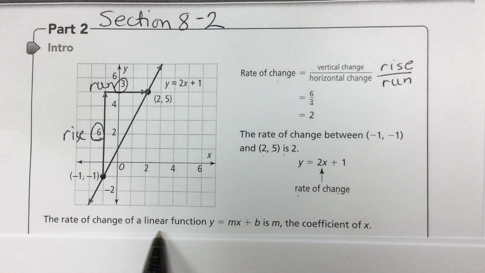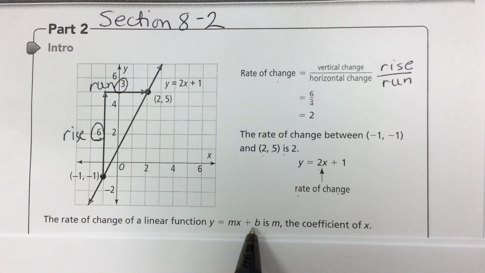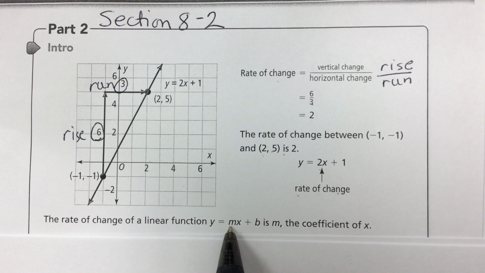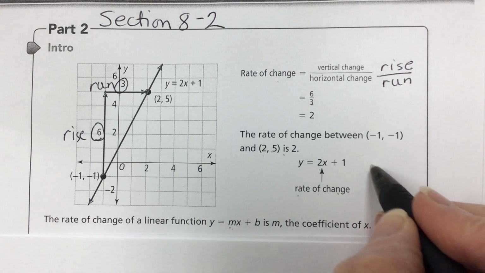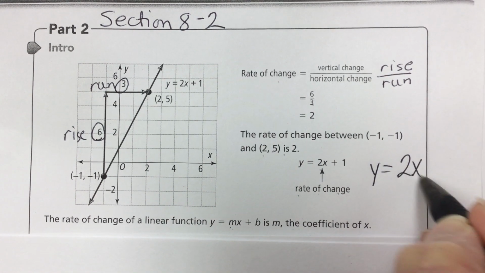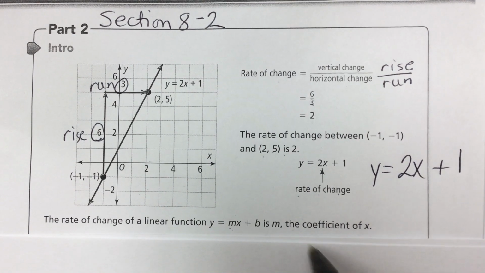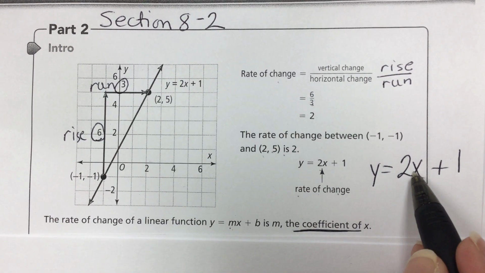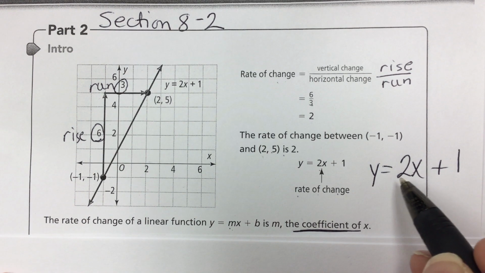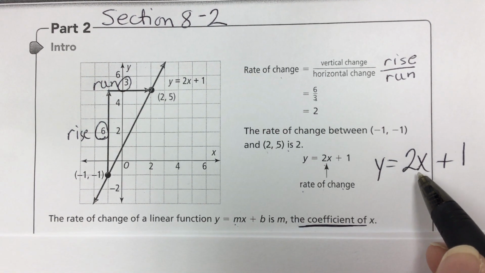It says the rate of change of a linear function y equals mx plus b is m. So m is your slope, m is your rate of change, and m is also the coefficient of x. See, I have y equals 2x plus 1. Coefficient means the number in front of x. 2 is being multiplied times x.